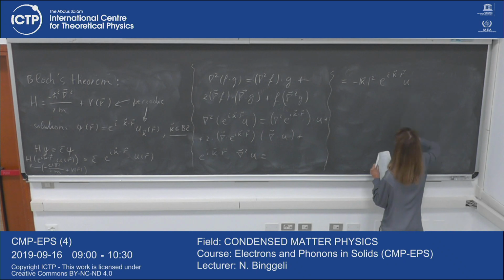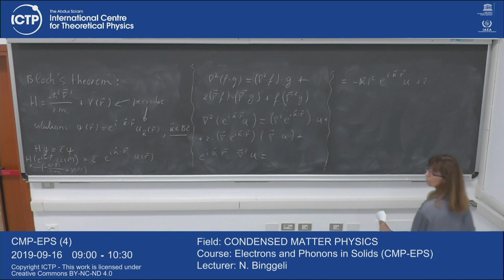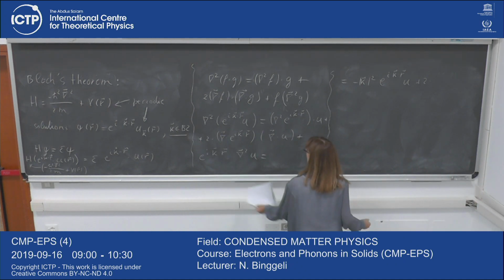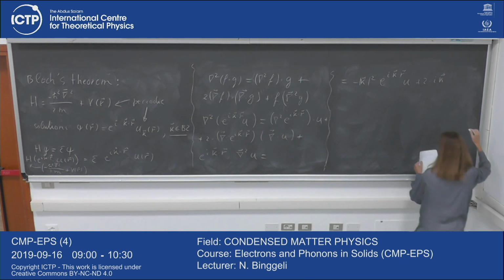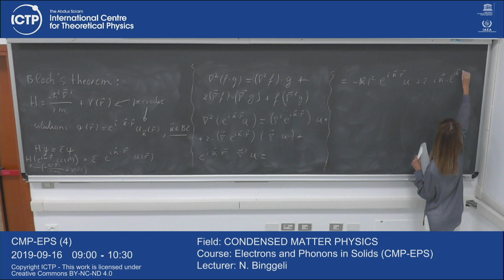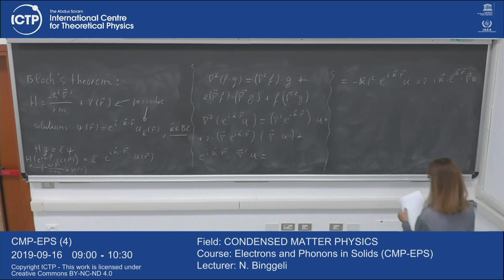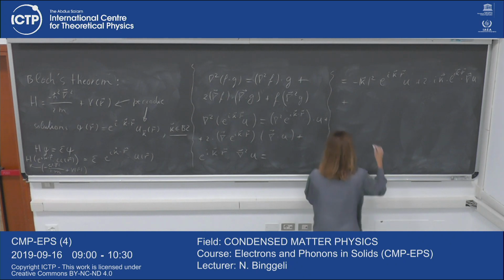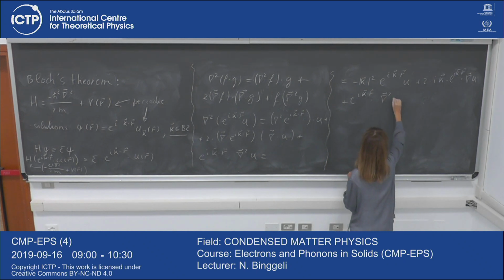U plus 2 times, so if I derive here, I obtain ik, so ik times exponential ikr times the gradient of u, and the last term is just the exponential times the gradient square of u.